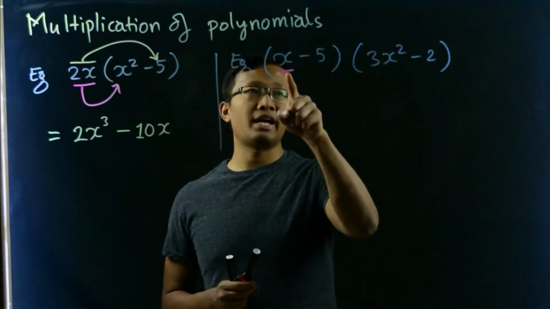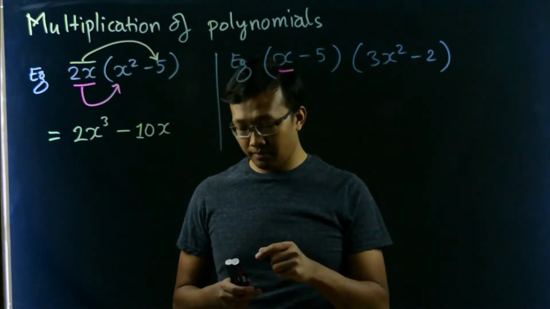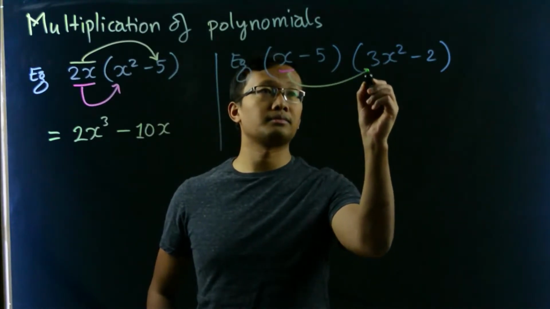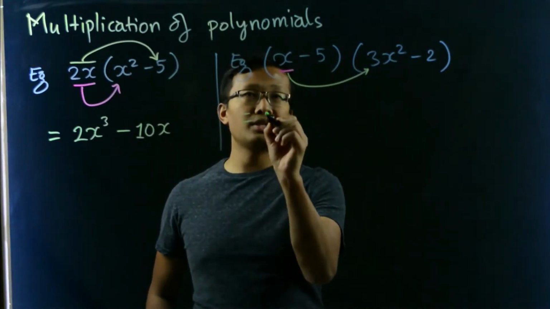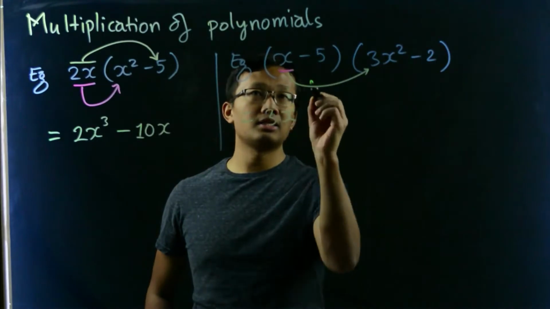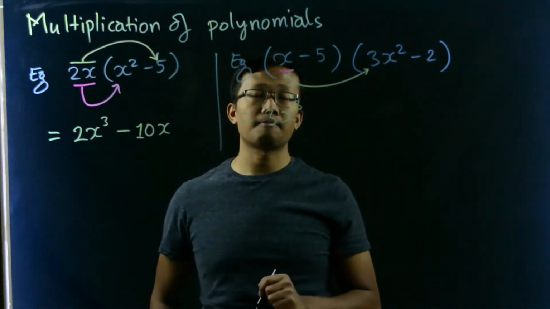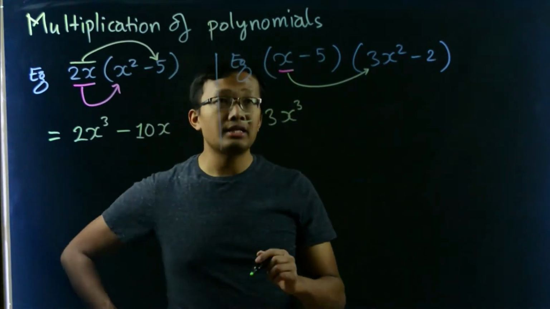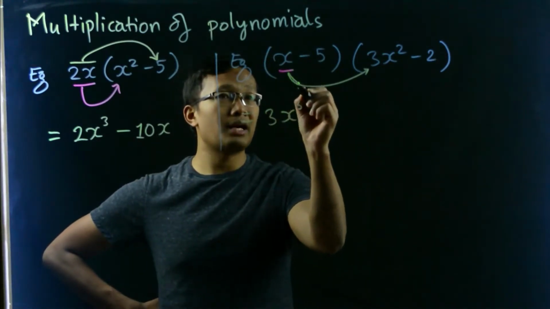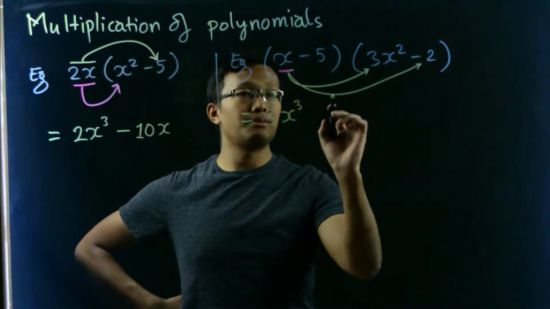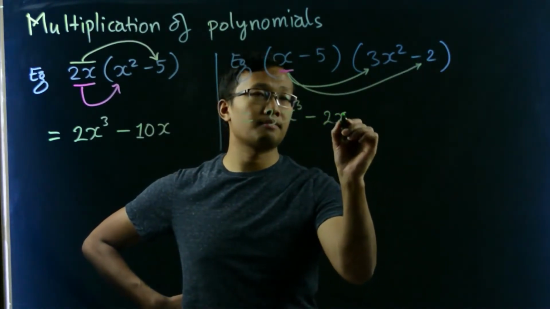First let us go for x and 3x squared minus 2. x times 3x squared: x to the power 1 times x squared gives us 3x cubed. Then x will be multiplied again with negative 2, which is negative 2x.